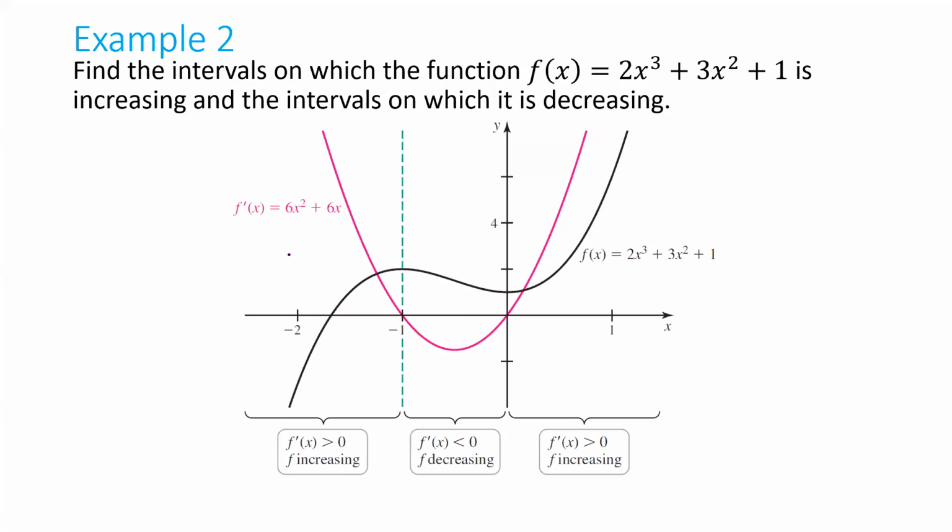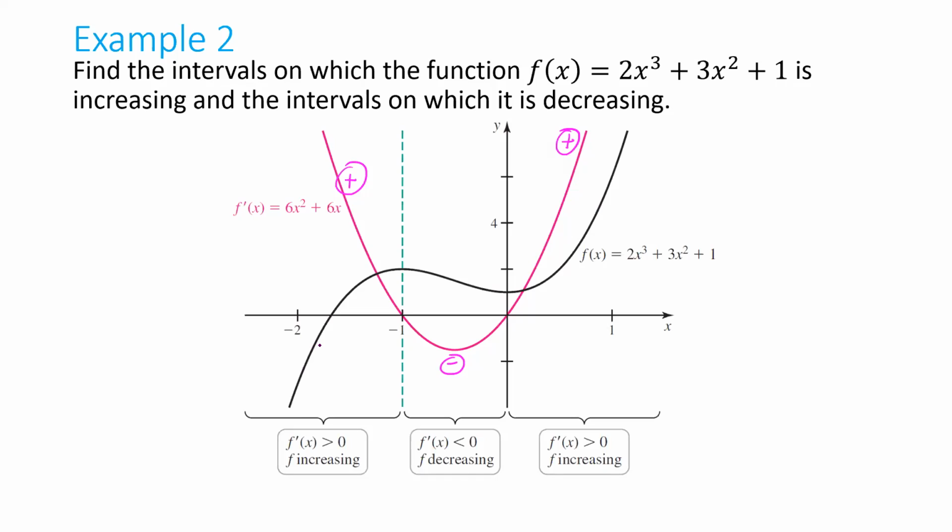When we analyzed f prime, we showed that f prime was positive when x is on the interval from -infinity to -1. F prime is negative between -1 and 0, so it goes below the x-axis there. And then f prime is positive when x is greater than 0. So you see the sign of f prime goes from positive, to negative, and then positive, like what we observed.